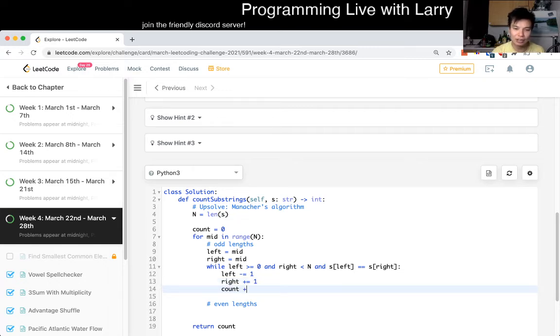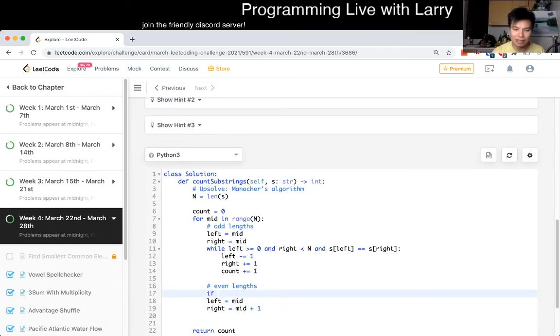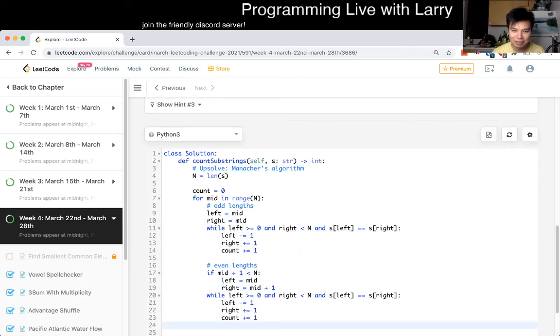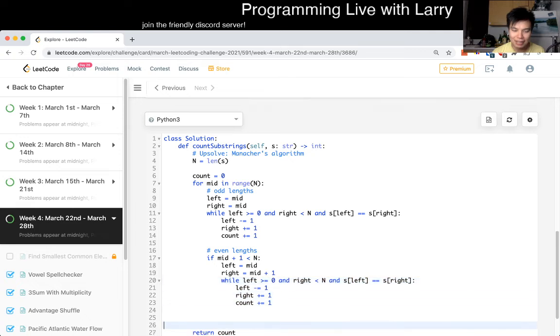And that's basically the odd lengths. And then the even lengths, well, it should be okay. We have to do an extra if statement of if mid plus 1 is less than n. And then now we have the same loop, really. And that's maybe it.